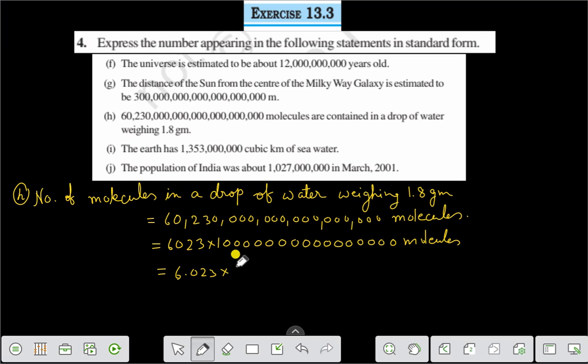6.023 into 1000. If you multiply this number with 1000, you will get again 6023, because the point will be shifted 3 digits towards right. That is 6.023 into 1000 into 1 followed by 16 zeros, molecules.